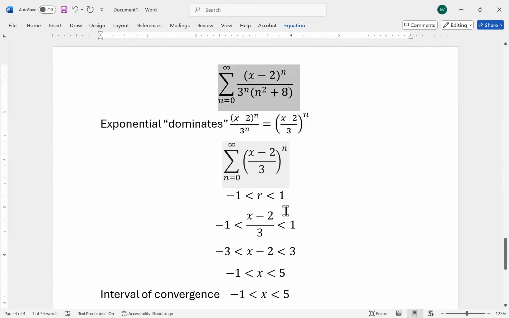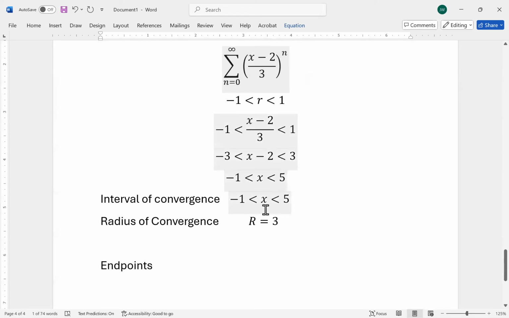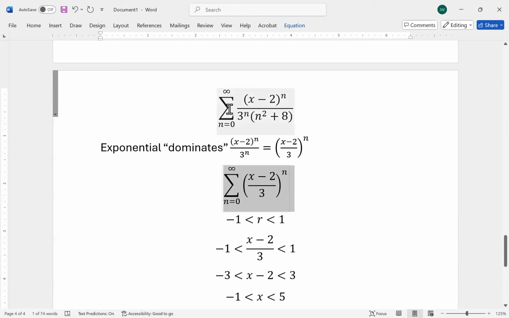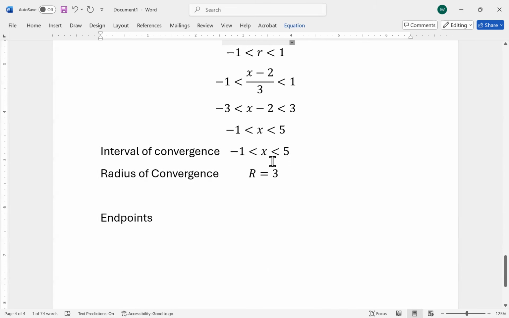So that's why I can't just say it diverges when I plug in 5 and diverges when I plug in -1. That would be the case if it was this geometric piece. But I'm talking about my original infinite sum, which has interval of convergence between -1 and 5 with a radius of convergence of 3.